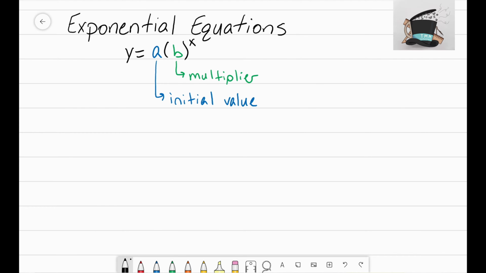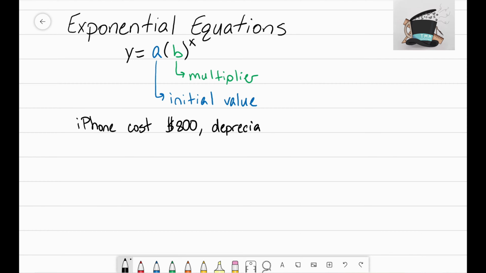So let's look at an example of how we can use this generic equation to help us solve a problem. Let's say that I bought a brand new iPhone and the iPhone cost $800. Brand new iPhone cost me $800 when I went to the store and bought it. Now, let's say that this iPhone is going to depreciate.